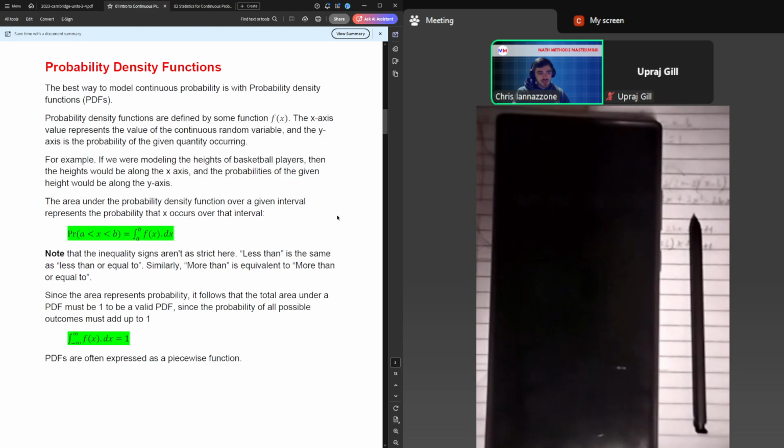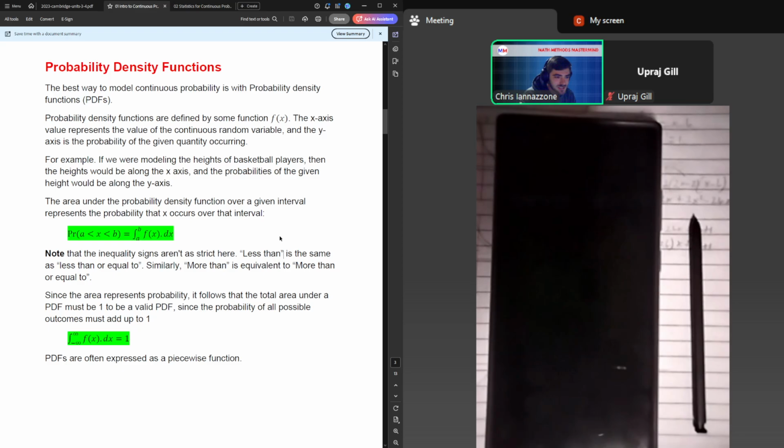And the way it works is that the area under a curve is the probability that your result occurs within any given domain. So for example, if you want to know the probability that your event could be anywhere between A and B, then you would have to do the definite integral over that domain, because that's how you find area under any curve.